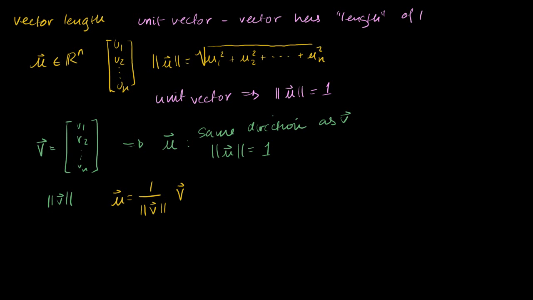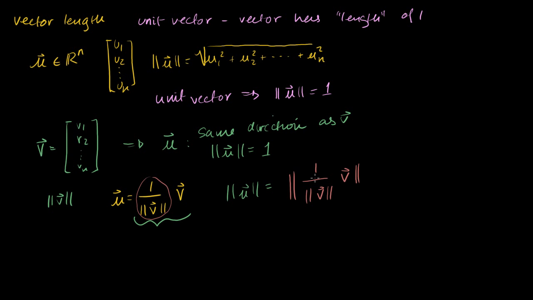If I take the length of this thing right here, the length of u is equal to the length of this scalar. Remember, this is just some number, right? And I'm assuming v is a non-zero vector. So it's the length of this scalar number times v.